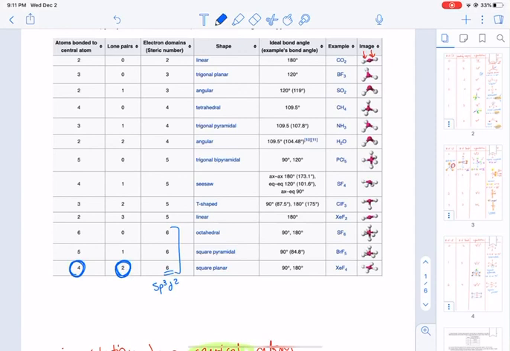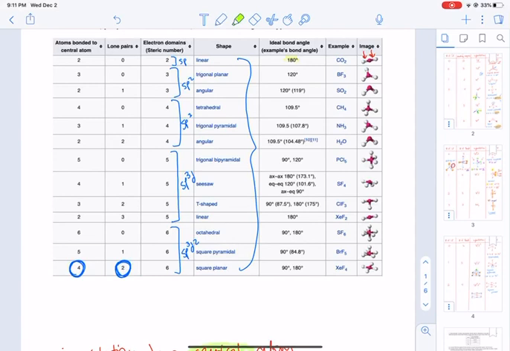So all of these are sp3d2. All of these are sp3d. These are all sp3, sp2, and sp hybridized. Right here are all the names.